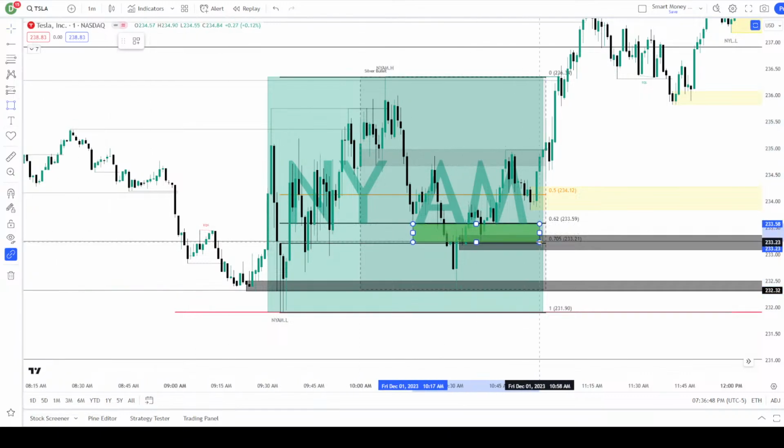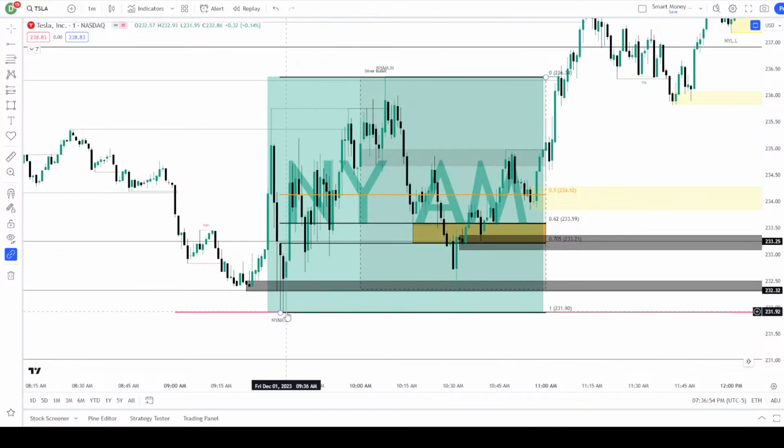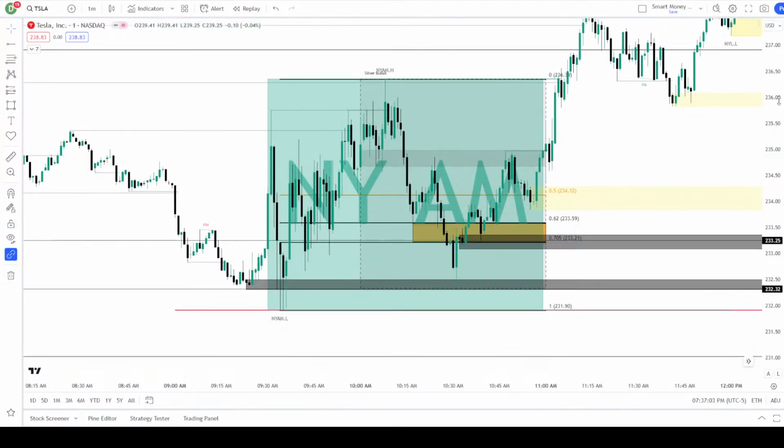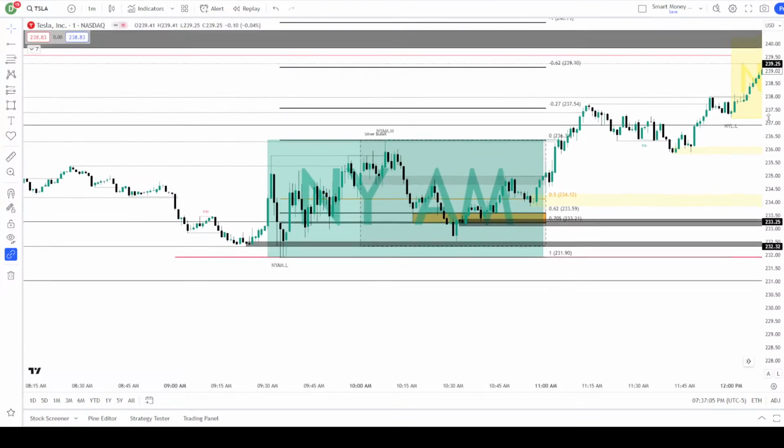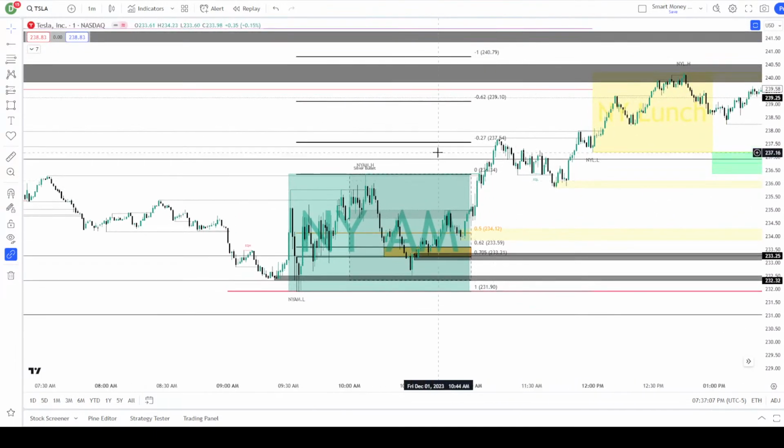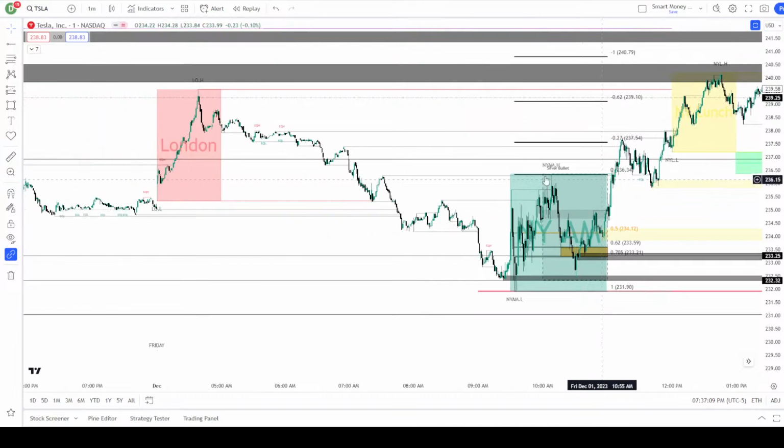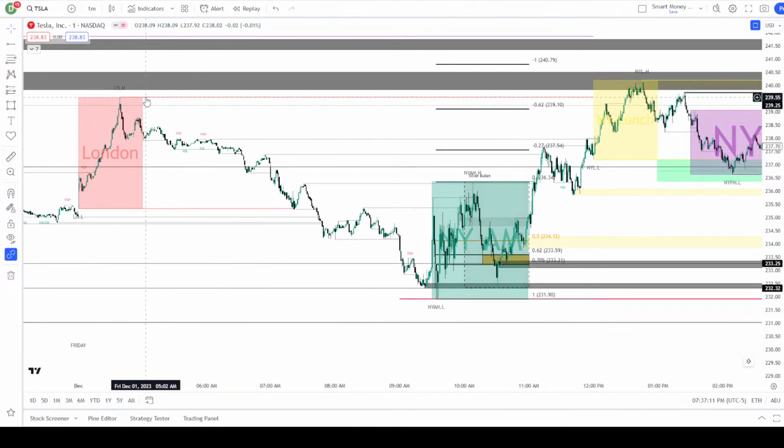Okay, right here is optimal trade entry. Right? So this is why time macros are important. Okay, in the silver bullet, down to optimal trade entry, and I'm looking for price to deliver up through my fib extension levels, right, and potentially to my London high.